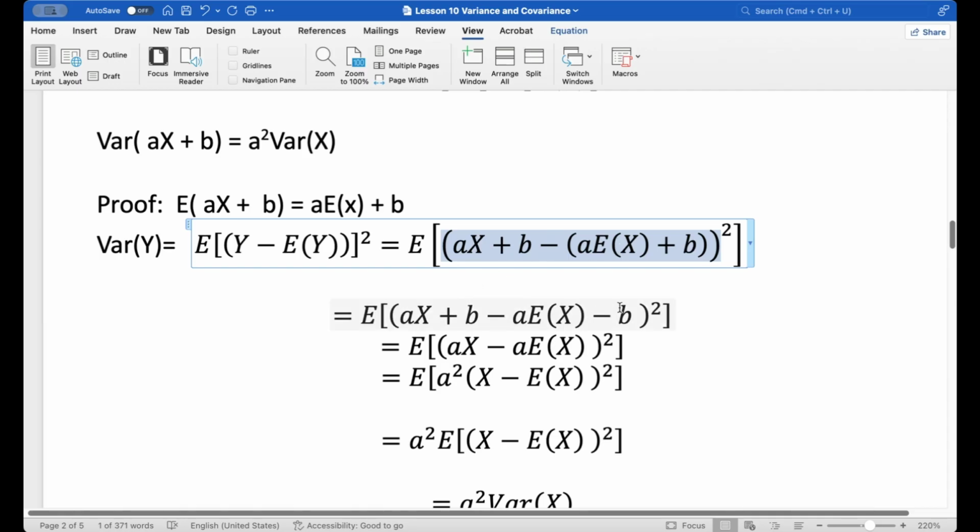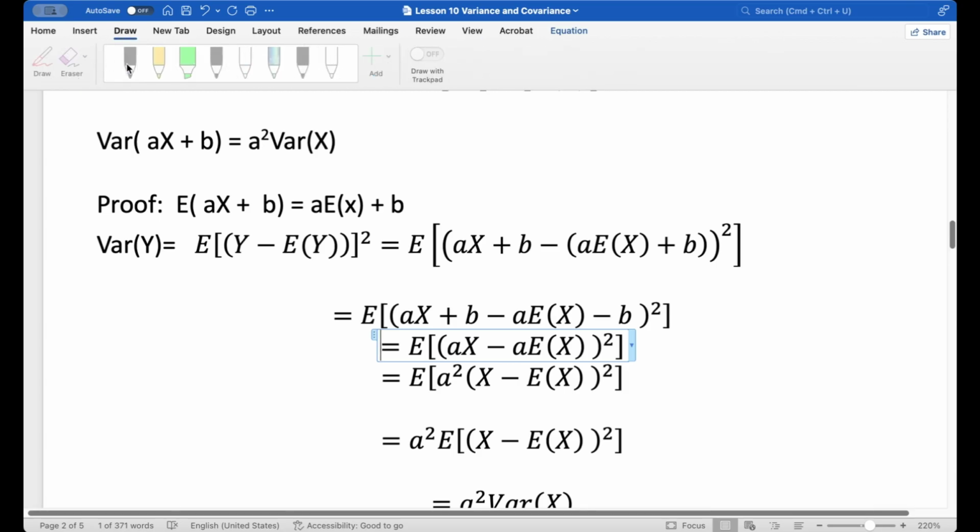Now, in the subtraction here, the b's are going to cancel out. So we can cancel out the positive b and the negative b. And so we're left with ax minus a E of x quantity squared.